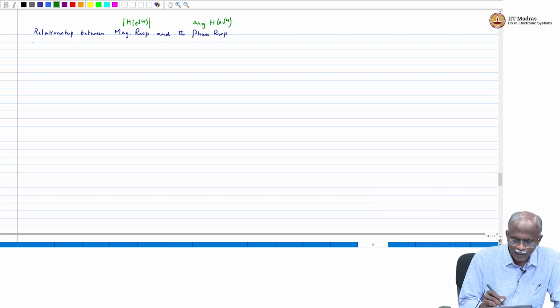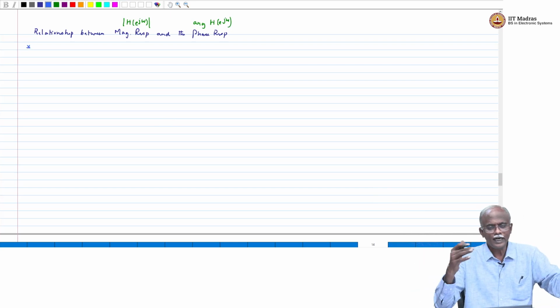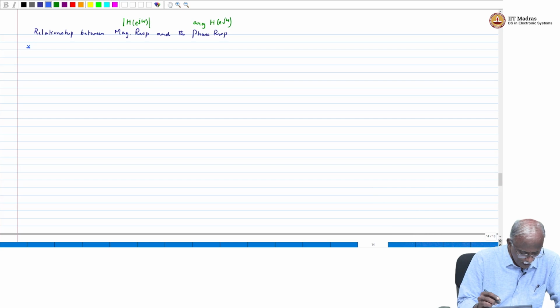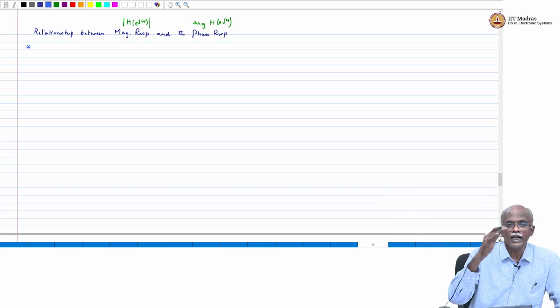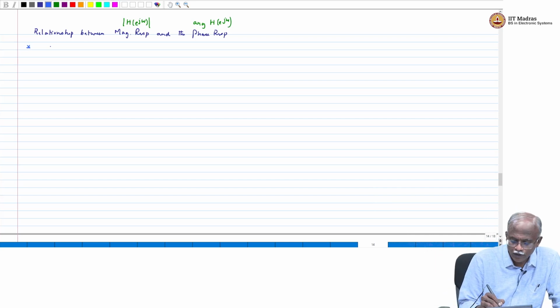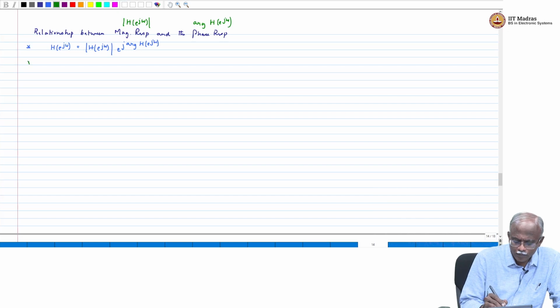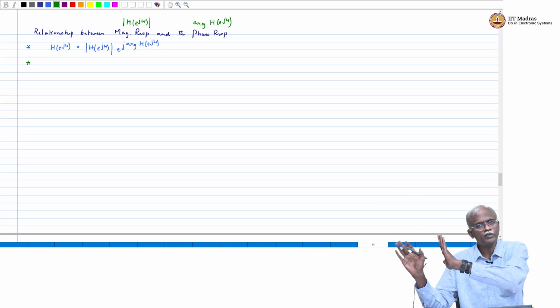First and foremost, these two are quantities that are derived from the underlying sequence. However, if you know one, you cannot guess the other because both are independent pieces of information. So we have H e of j omega, which is magnitude H e of j omega times e power j argument H e of j omega. So one broad statement is the magnitude response does not provide information about the phase response or vice versa.